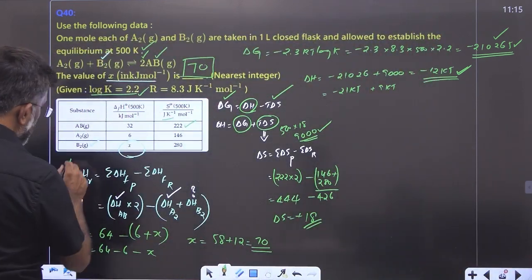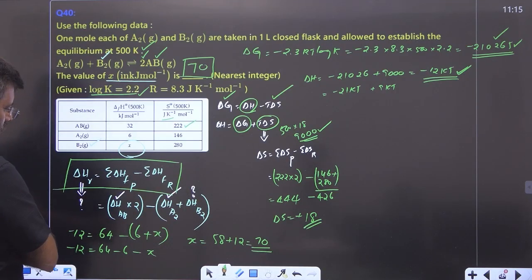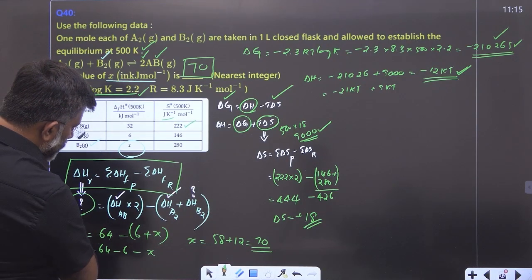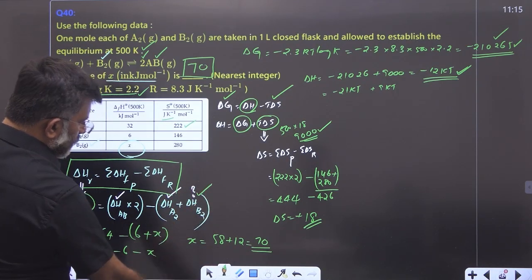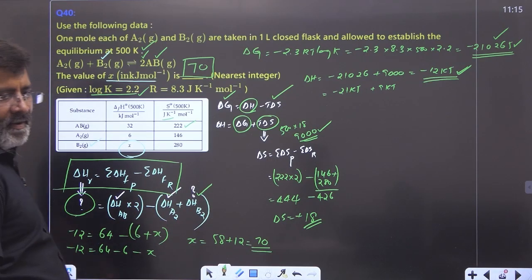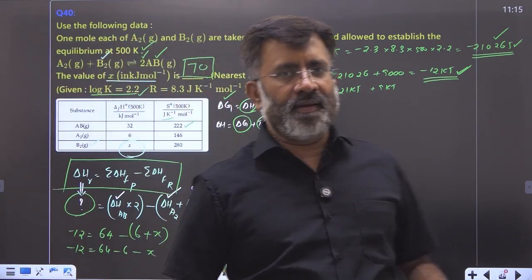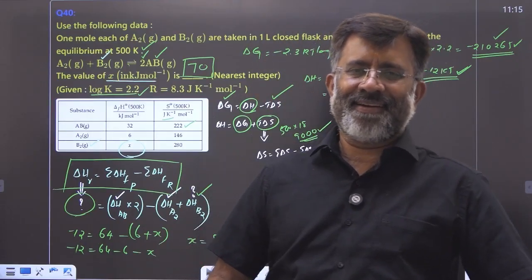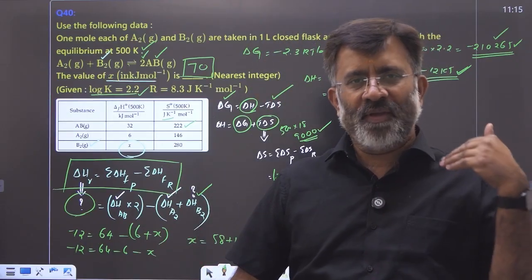Once you get this data, you can get the unknown, because these 2 data are given. I hope it is pretty clear. Right? On to the next question.